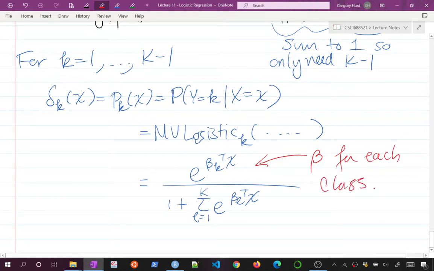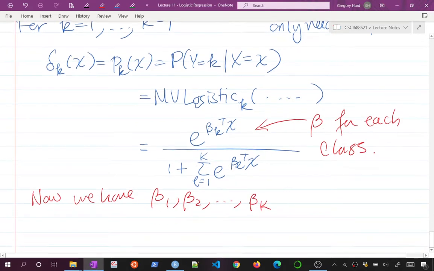So it's a much more complicated model, because now instead of just beta, we have a whole bunch of betas: beta 1, beta 2, all the way up to beta k. Notice, even though we don't need k discriminant functions, only k minus 1, there are k betas, because there's no constraint on the betas.